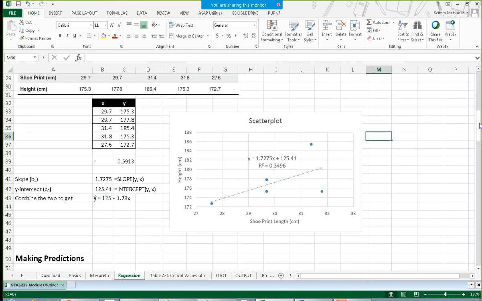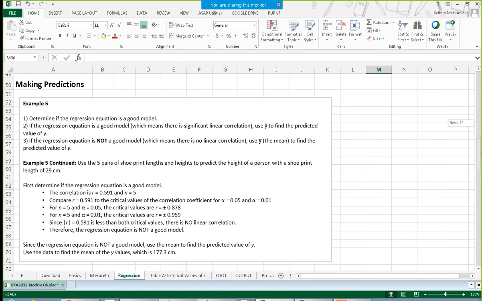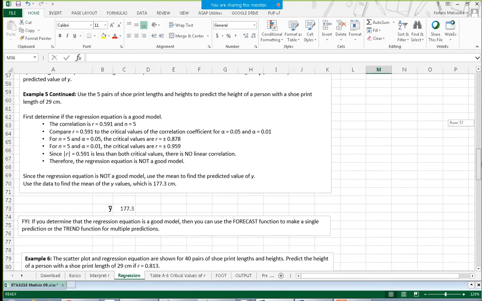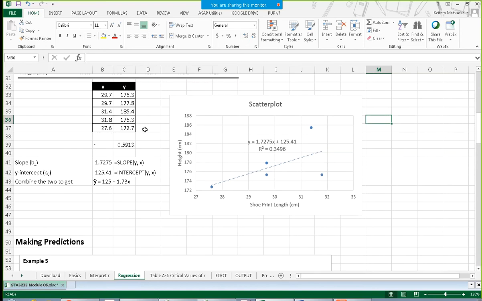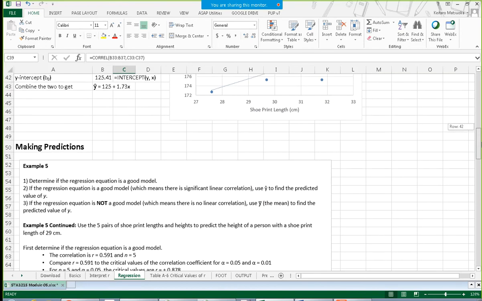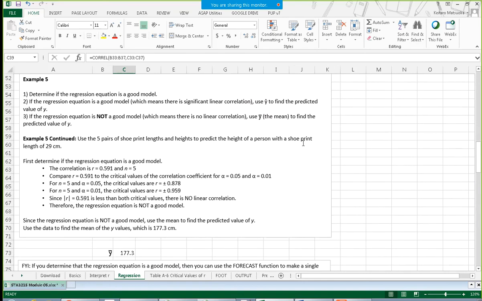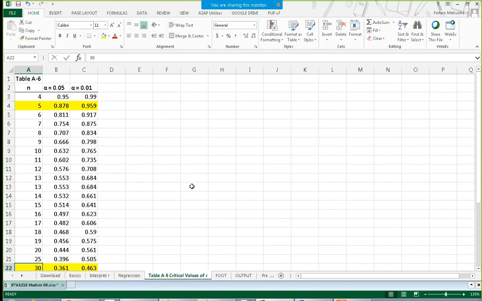So let's look at an example. We first determine the correlation coefficient to be 0.5913, and we look at the table. Here, 0.878 or 0.959. Let's look at both for the time being.